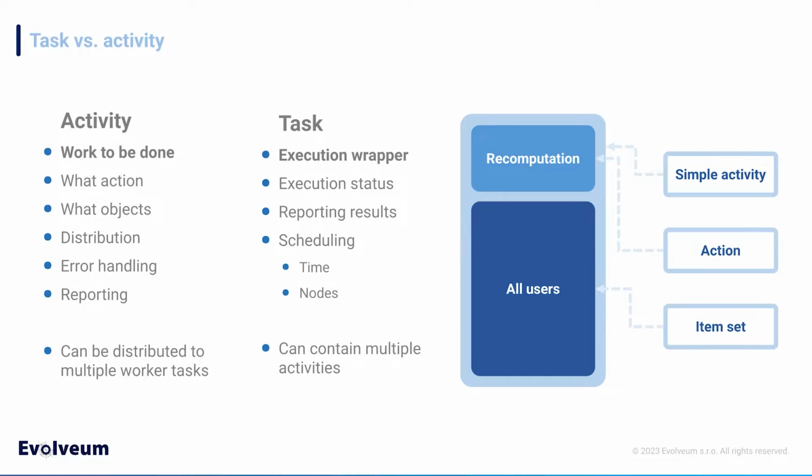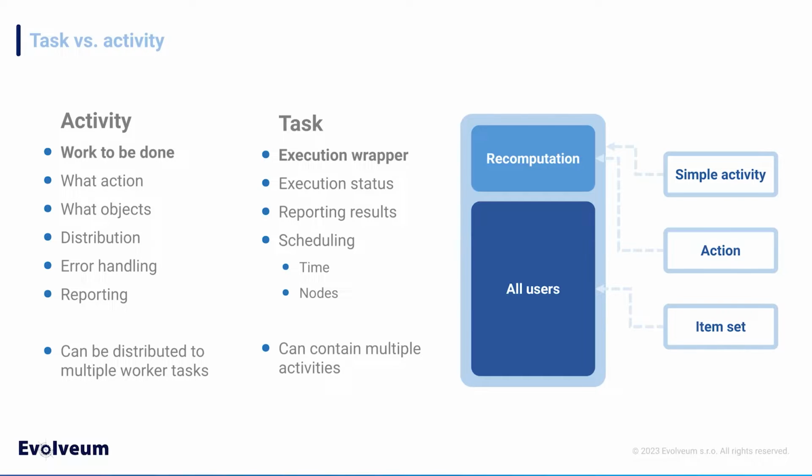And an activity can be distributed to multiple worker tasks. So if we have a task which runs in parallel, in fact, we have several worker tasks which are executed from the main task, and then the same activity can be carried out by these multiple tasks.